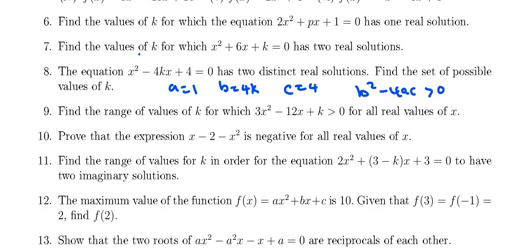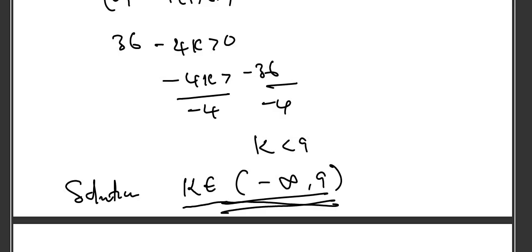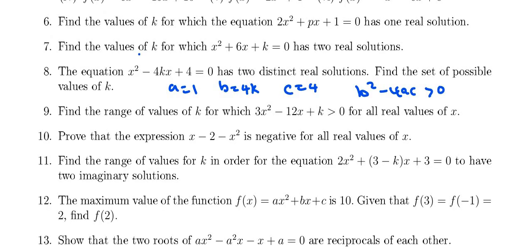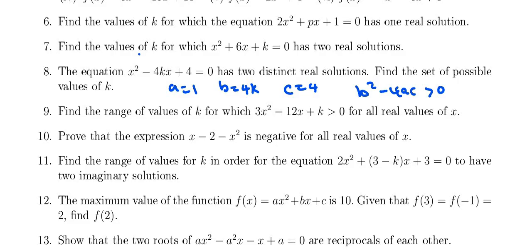So this is going to be, so your A, question number 8, your A is equal to 1. Okay. Your A is equal to 1, your B is equal to 4k, then your C is equal to 4 as well.